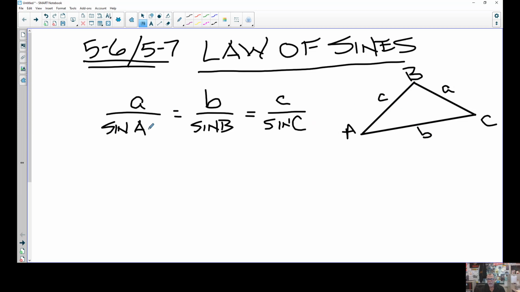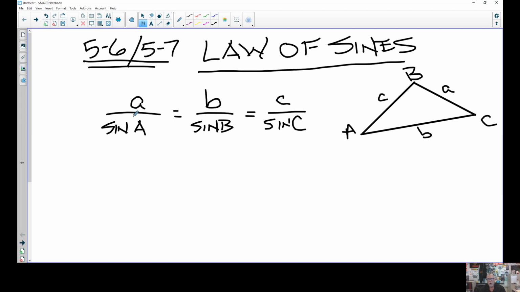So when we're talking about a over sine A, we're talking about this side length over the angle opposite, right? The side is opposite the angle itself. So that's what we're talking about. These ratios will stay consistent in a triangle.